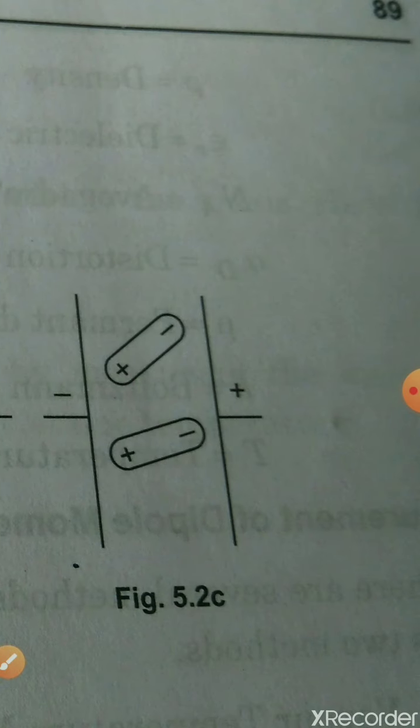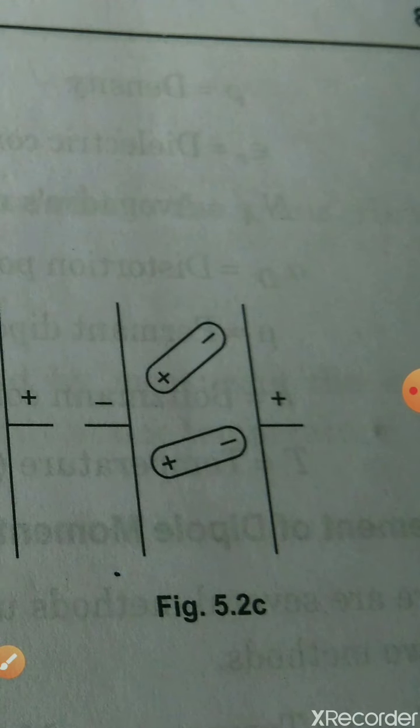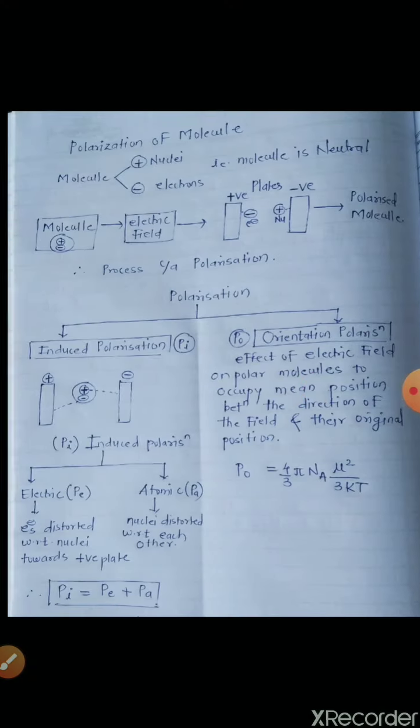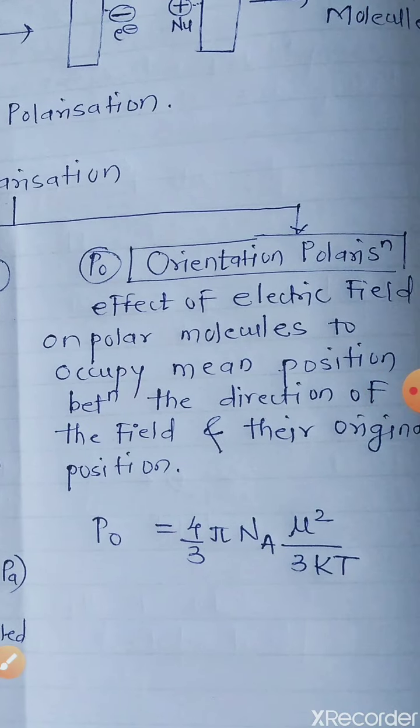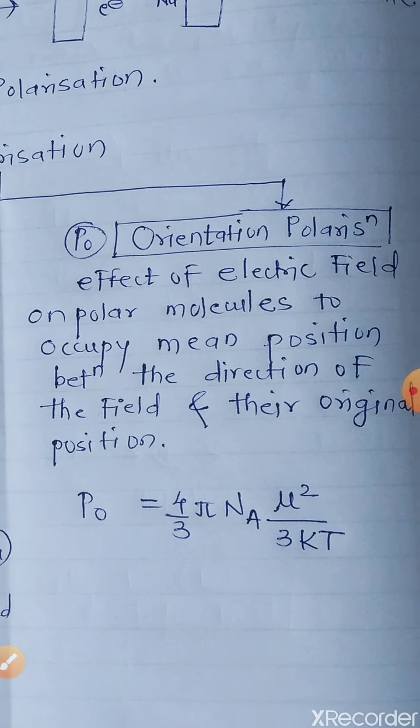Here you can clearly see the molecules are occupying the in-between position, the mean position, and this effect is called orientation polarization. That is, the orientation polarization can be defined as the effect of an electric field on a polar molecule to occupy the mean position between the direction of the field and their original position.